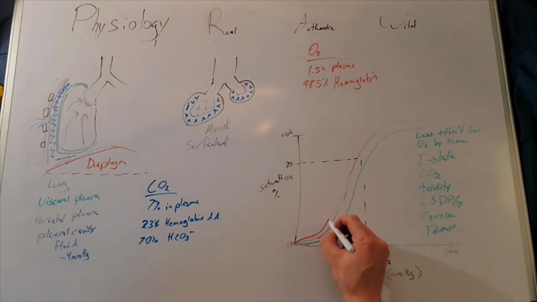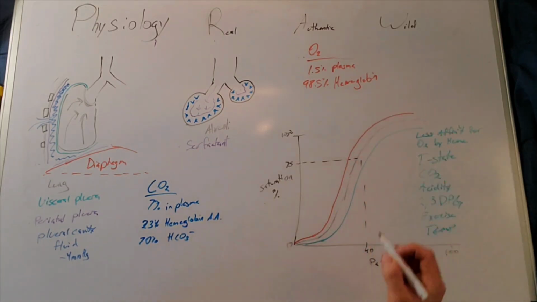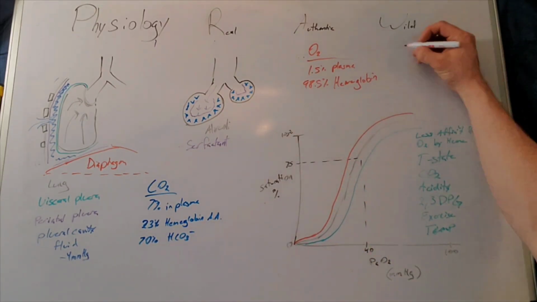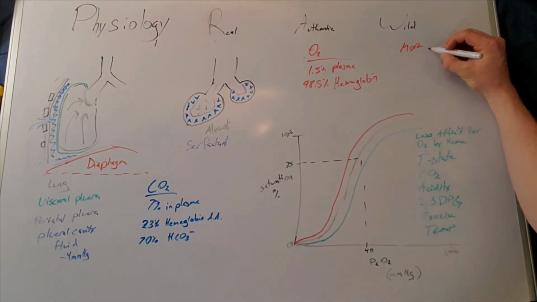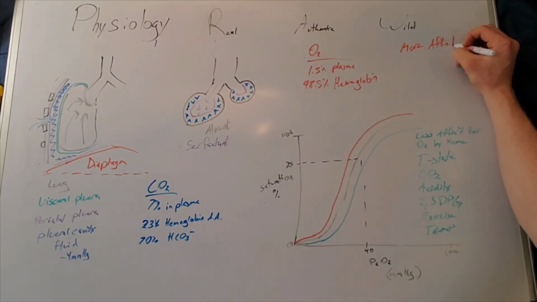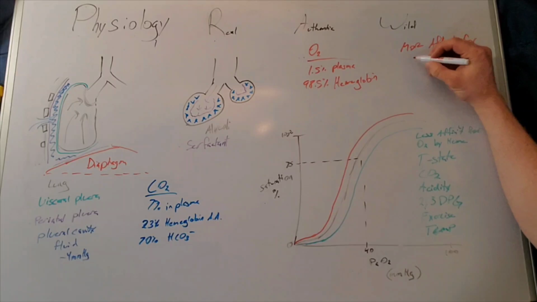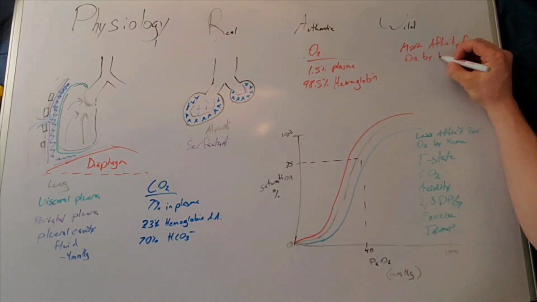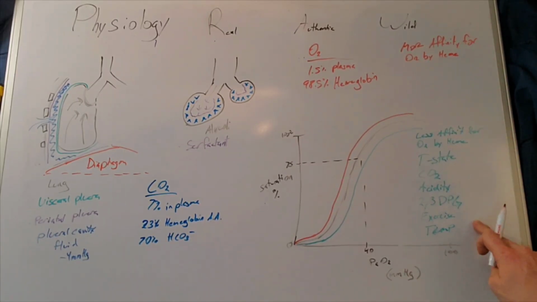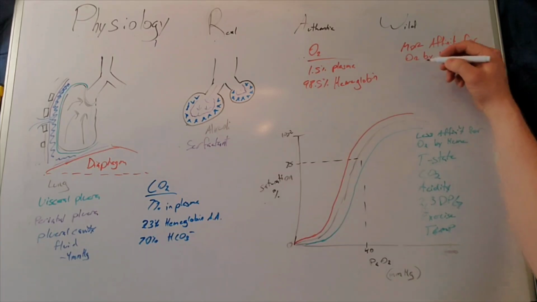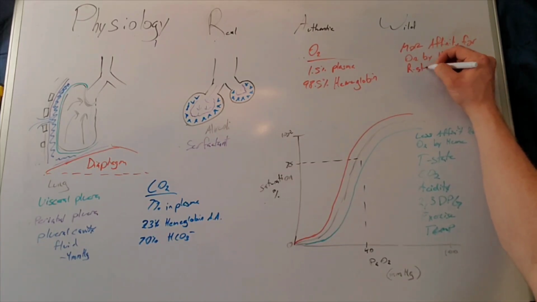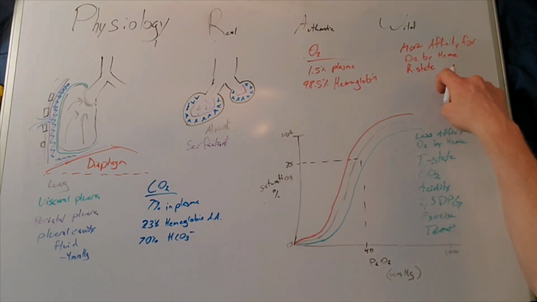So things that make affinity for O2 by heme go up are going to be the opposite of most of these. You have the R state, the relaxed state of heme.